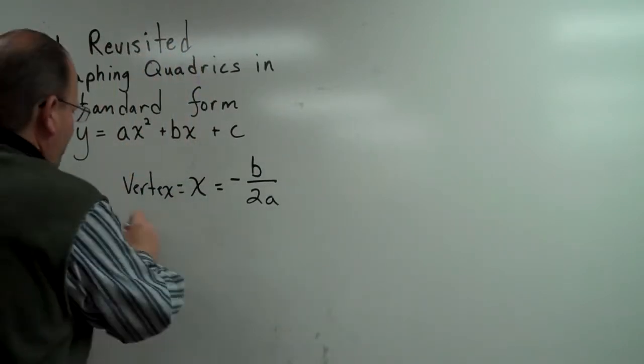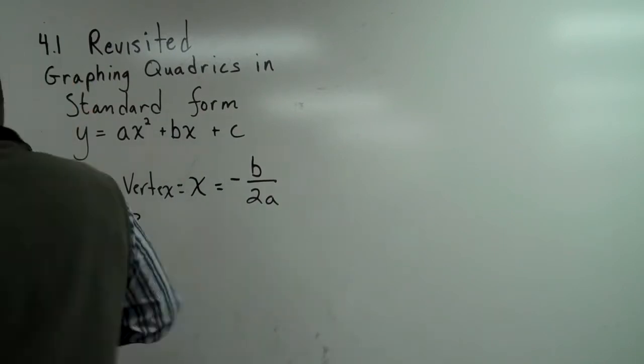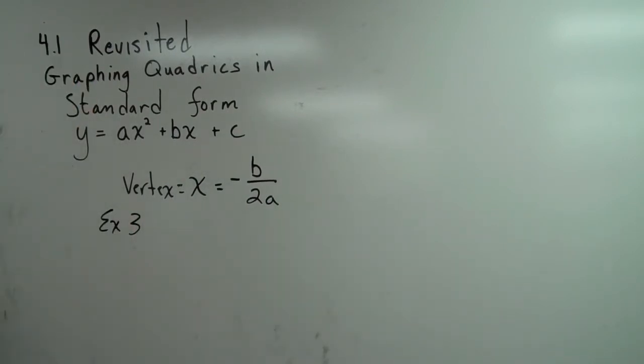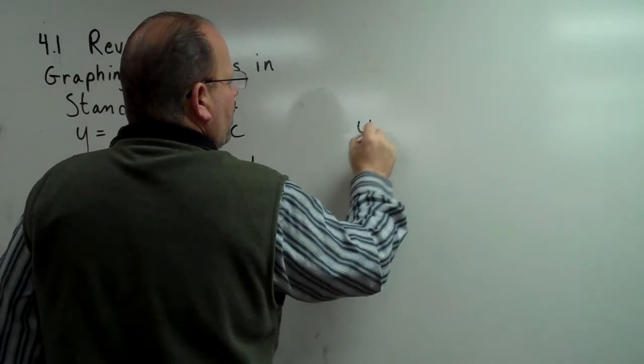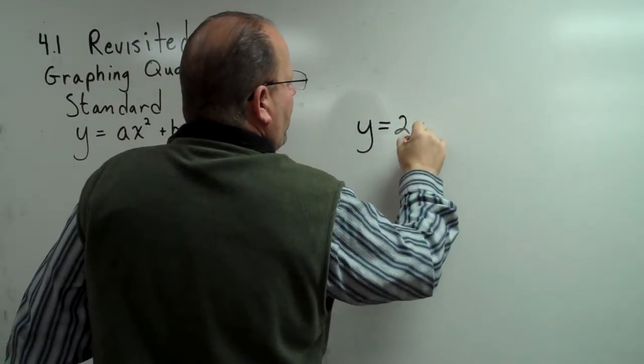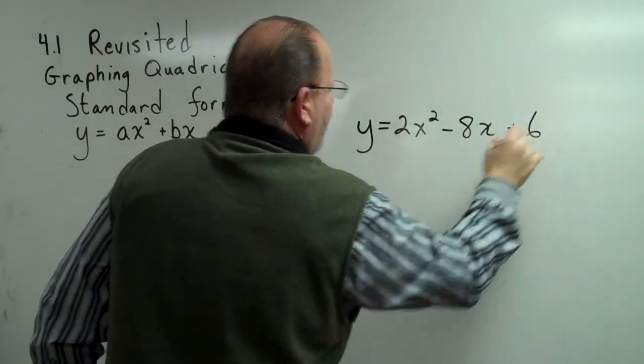So we have example number 3 in your book, which says y equals 2x squared minus 8x plus 6.